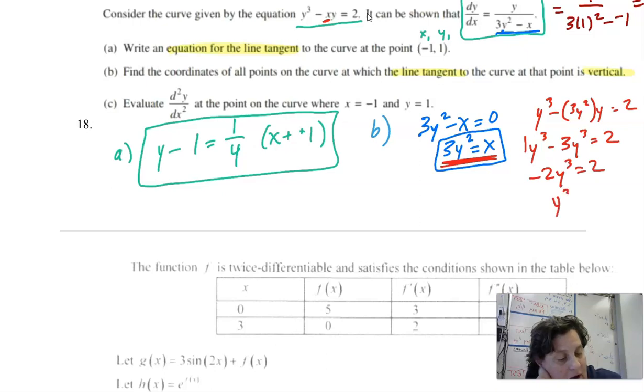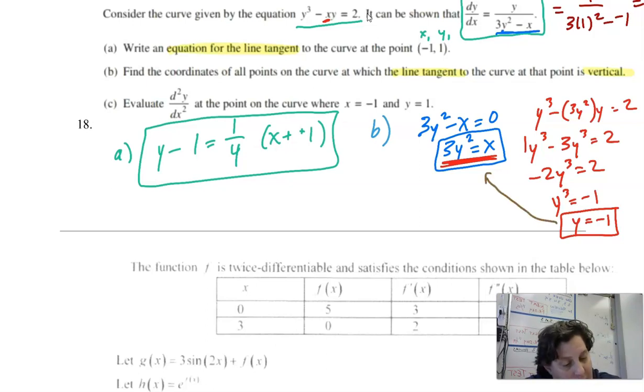If I divide, y to the third is negative 1, which means y equals negative 1. To find the x value, I could sub into either that equation or my original equation. Obviously, this one's a little easier.